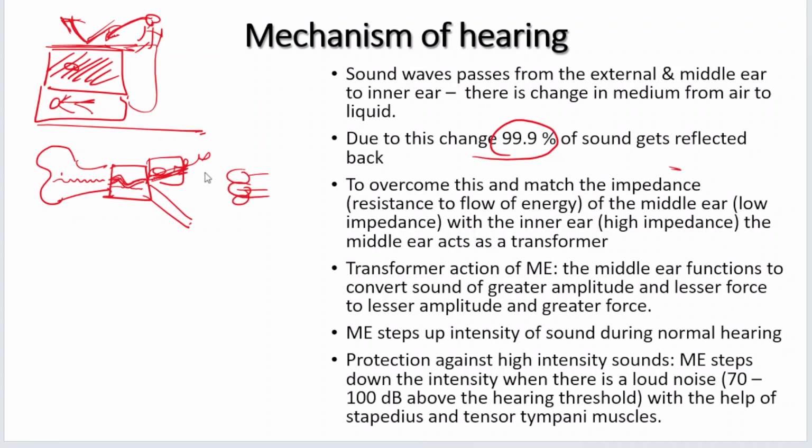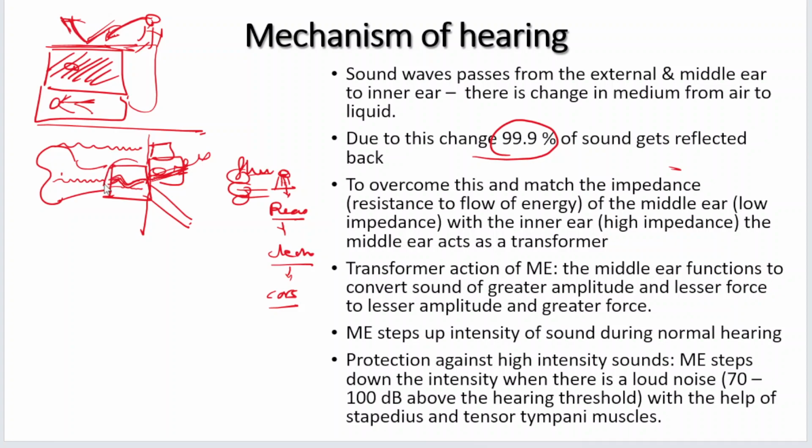This is the fluid, and in the fluid are present the hair cells. These hair cells are the ones who have to receive those sounds so that they can convert it into pulses, so that it can go to the brain. So here is where the problem comes. Till here the sound is passing through the air, and suddenly there is fluid here.